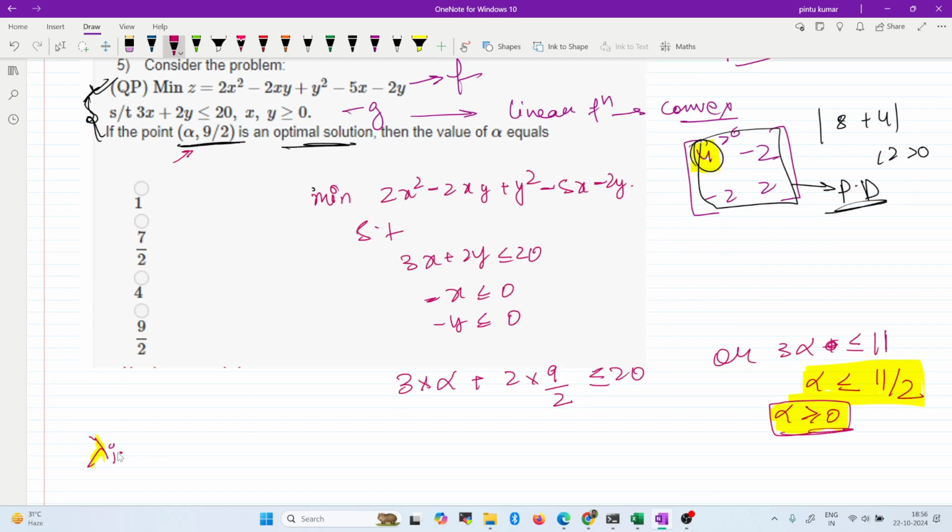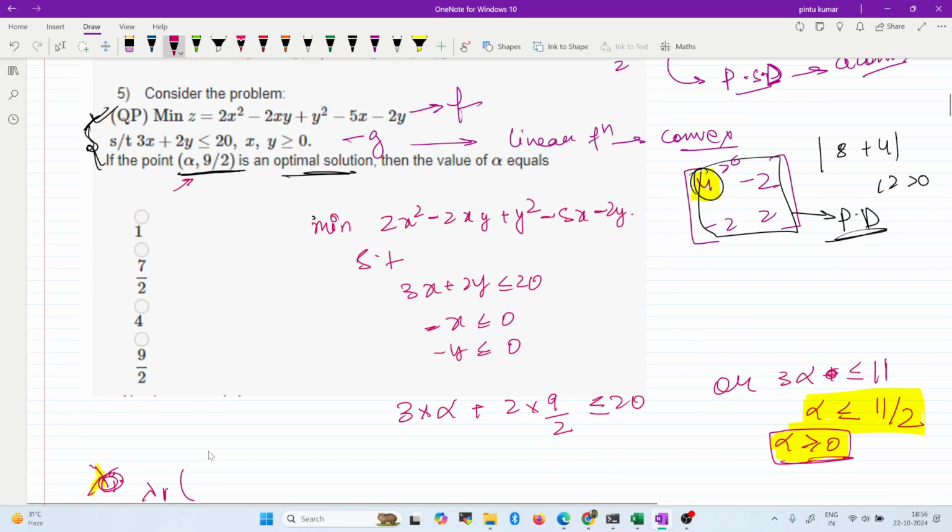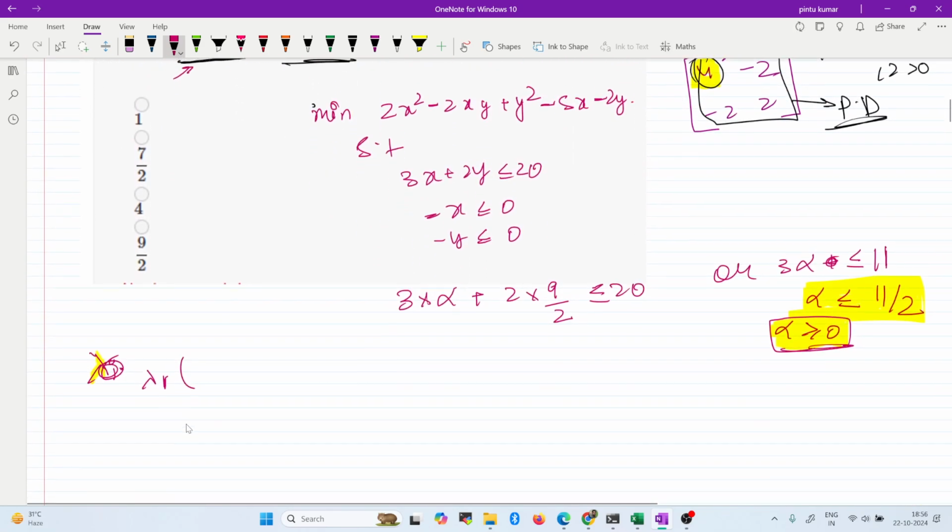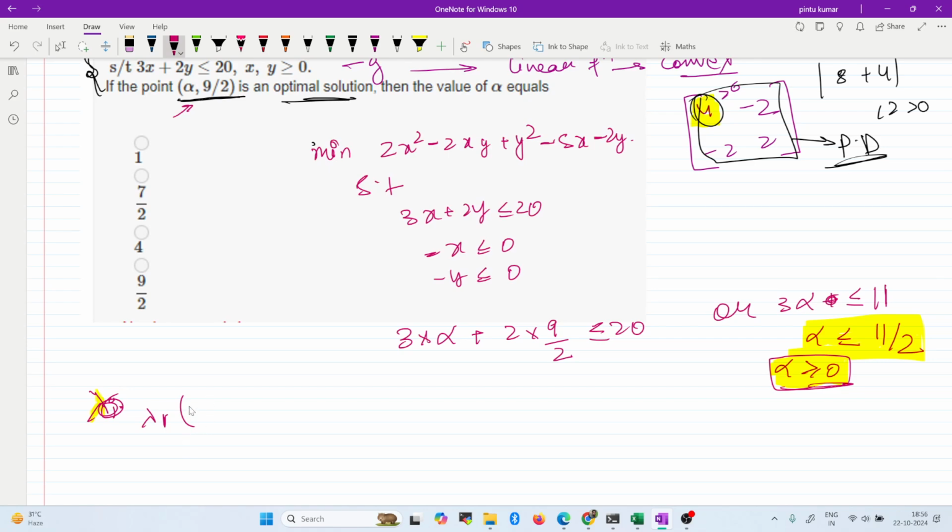So let's take lambda 1 multiplied by, yeah, lambda 1 is okay for this. This is 3 alpha, again 9 by 2 is 9. 2 multiplied by 9 by 2 is 9.